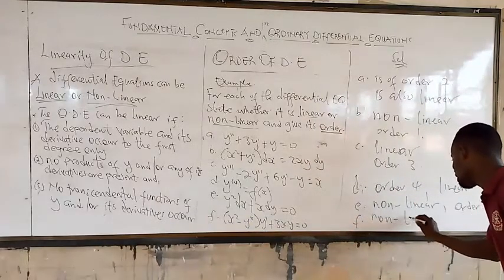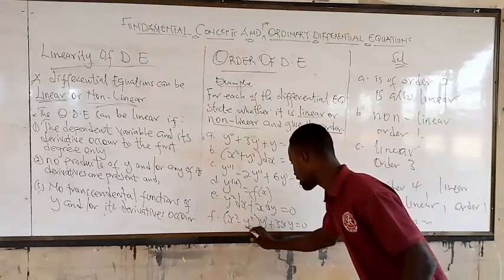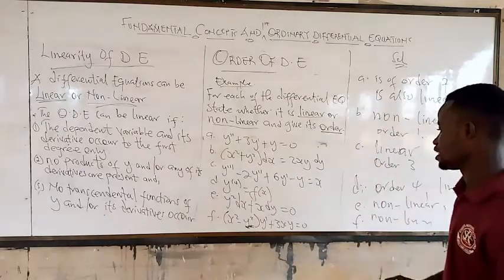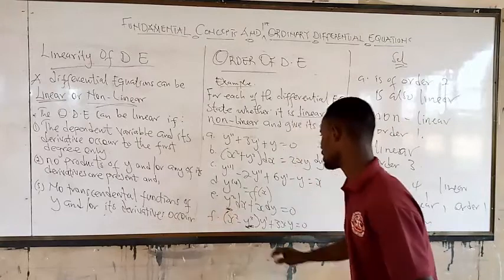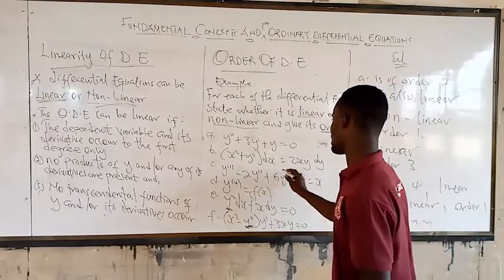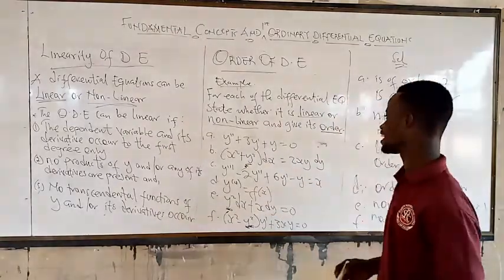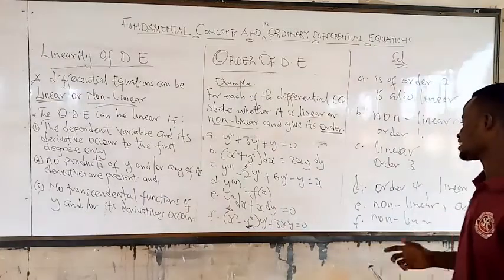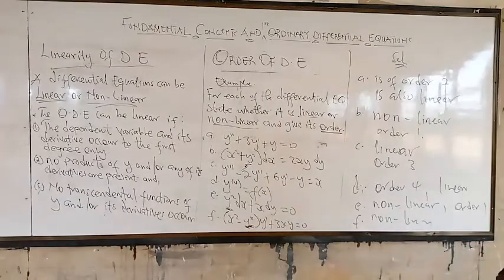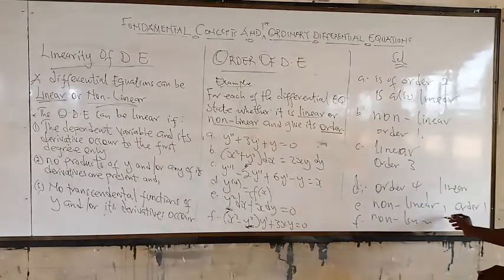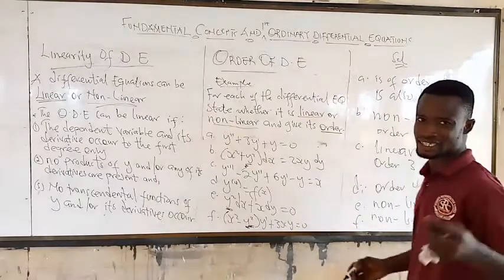Non-linear because of this. Because of this, you are non-linear. That's it. What again? Right. The order is 1. I hope you understand it now.